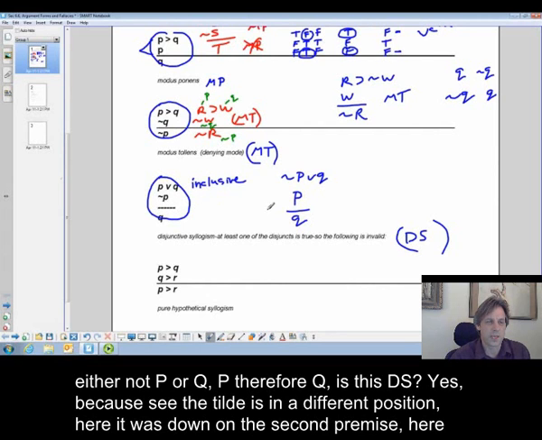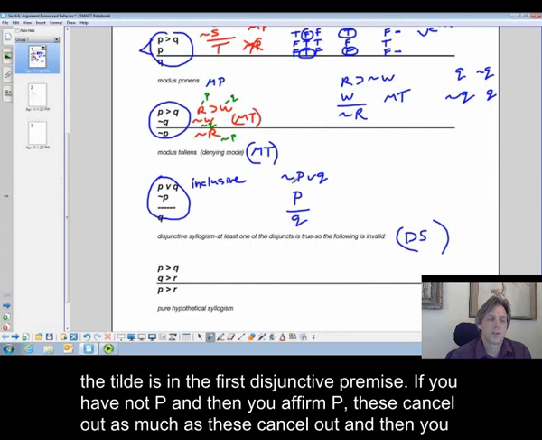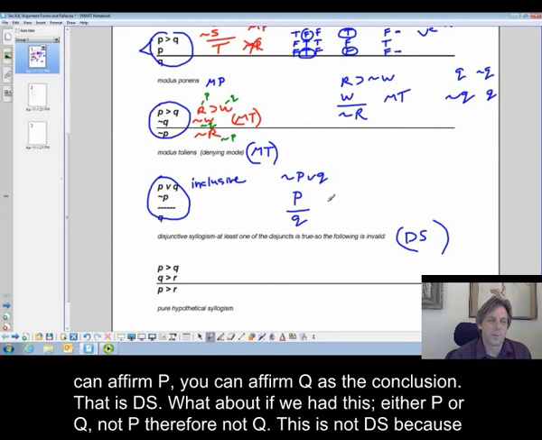Here it was down on the second premise. Here the tilde is in the first disjunctive premise. If you have not P and then you affirm P, these cancel out as much as these cancel out, and then you can affirm Q as the conclusion. That is DS.